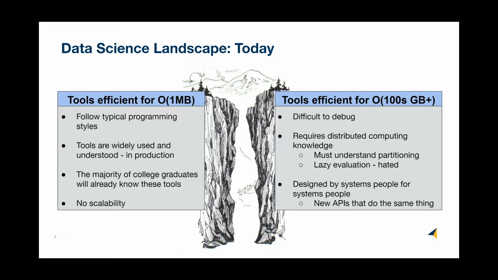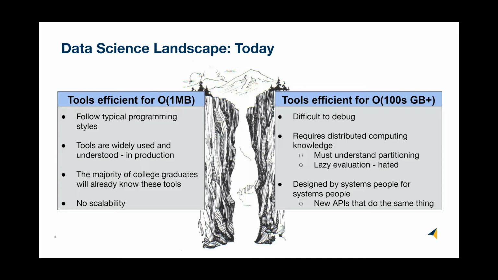On the right, when you talk about tools that are efficient for larger data, we start running into problems with debuggability. This can be in terms of performance: your job might take significantly longer than you expected, and you have to dig into the logs to figure out why. There's also debuggability when it comes to bugs that you yourself wrote. A lot of these systems come with giant stacks of JVM stack traces that you have to dig through, and it can be really cumbersome, especially for people who are much more comfortable with the left side.